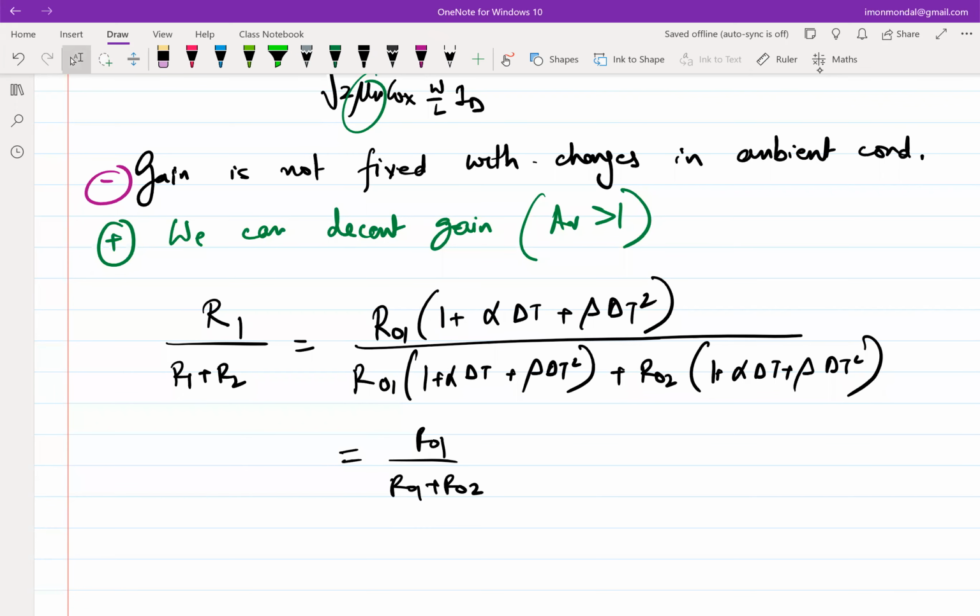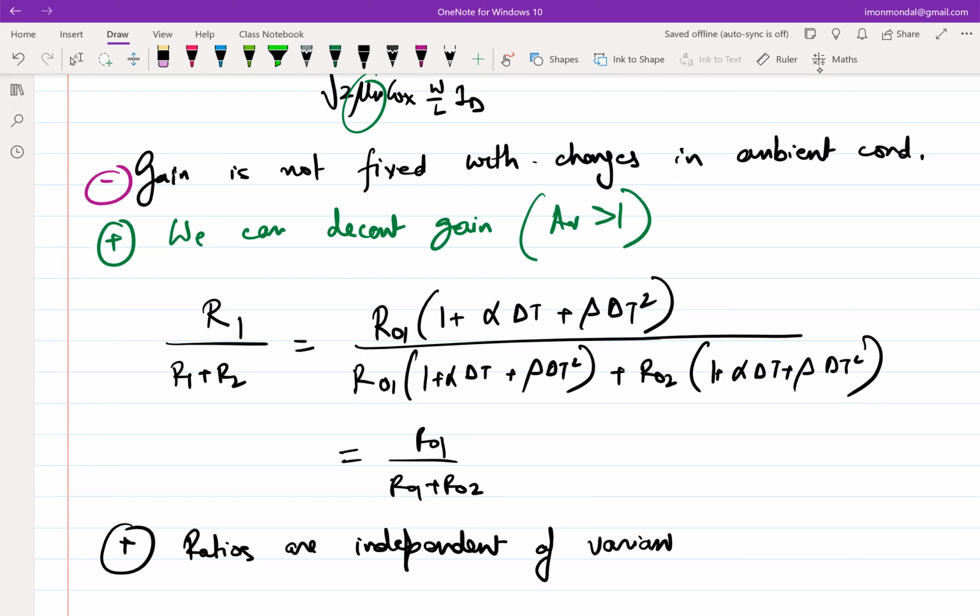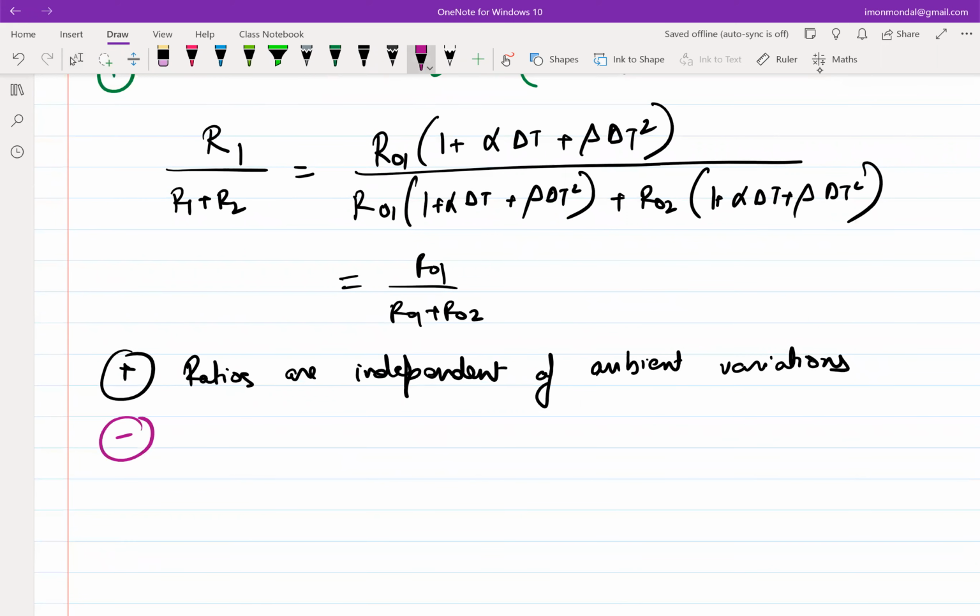So the good thing, the positive thing about ratios is that ratios are independent of variations in ambient. However, the bad thing about ratios, from the perspective of making an amplifier, is that ratios are always less than 1. If you get a voltage divider, R1 by R1 plus R2, you will always get less than 1.